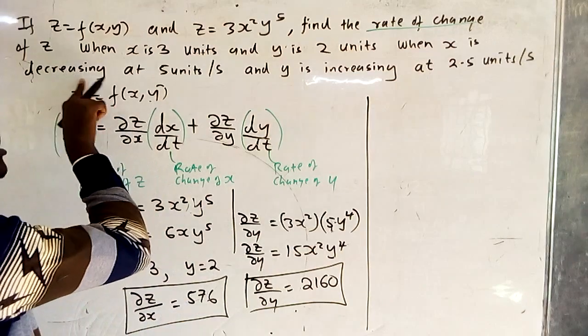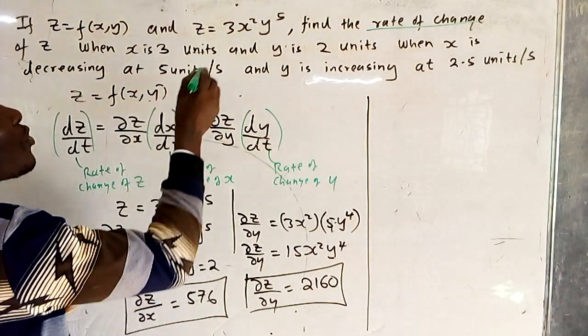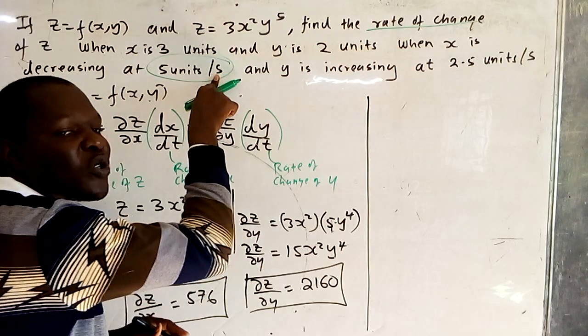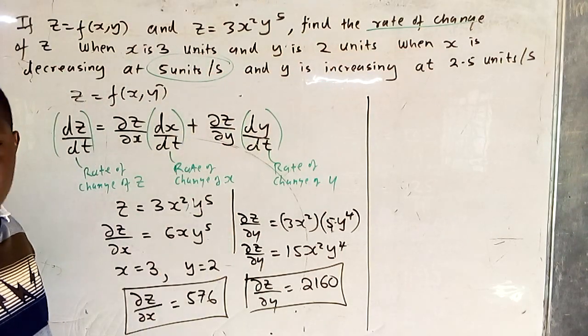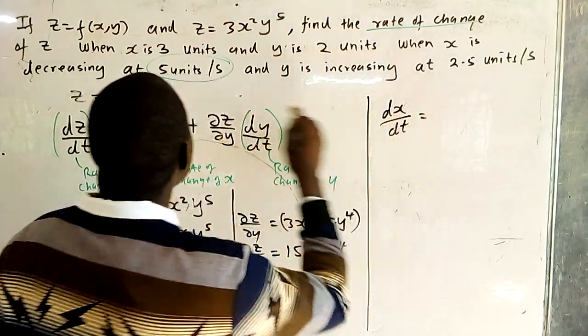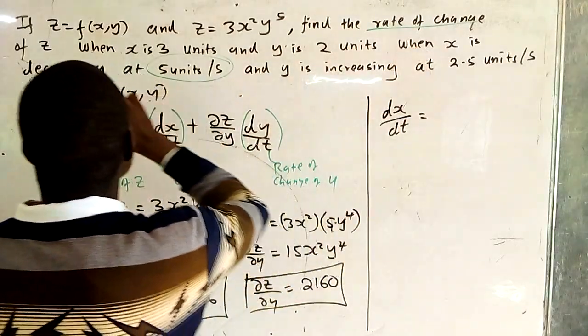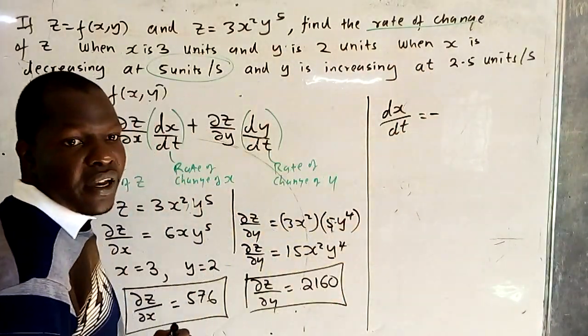When x is decreasing at 5 units per second, meaning this is the rate of change with respect to time. It is the rate of change of x. Are we together? So what is the rate of change of x? dx over dt. Decreasing means what? Negative.